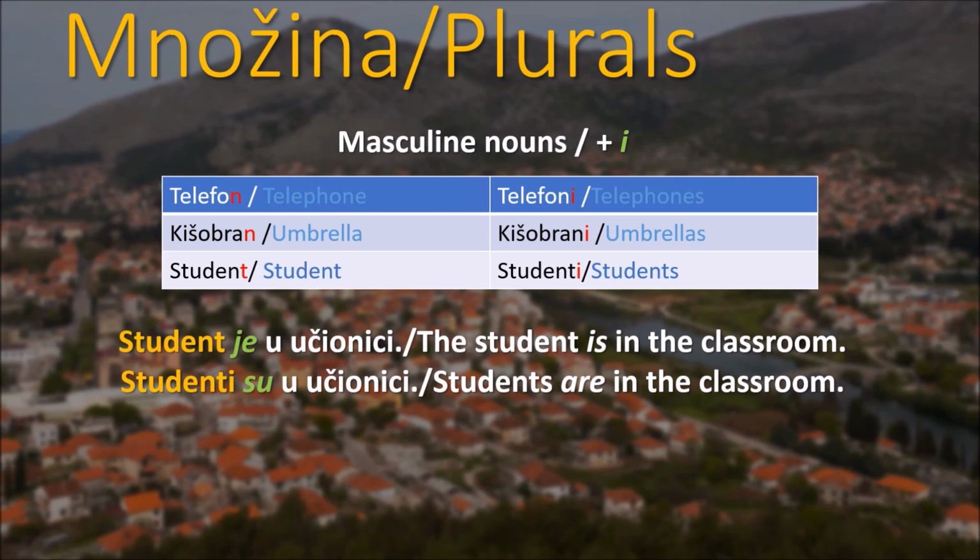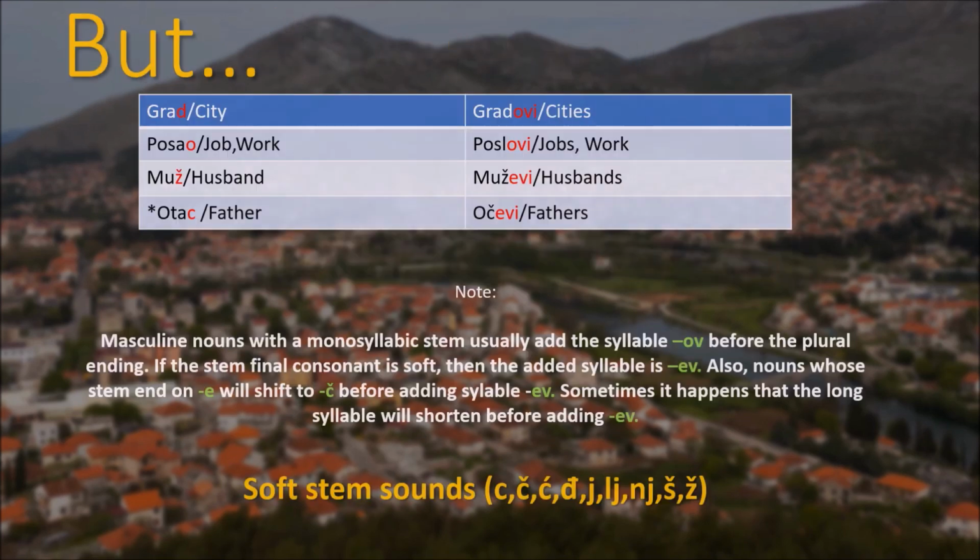Obviously if it's one student, then we need to use the singular form of the verb to be. So student je u učionici, the student is in the classroom, versus students, we need to use are. Students are in the classroom, right? That's why we have su right next to studenti.